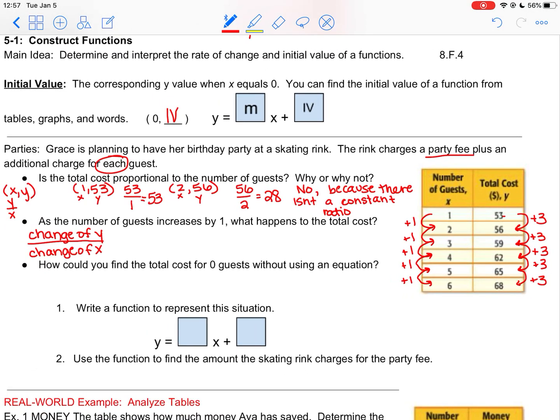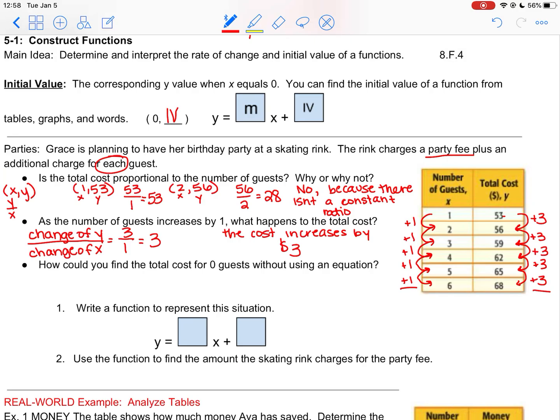So each time the number of guests increases by 1, what happens to the total cost? It increases by $3.